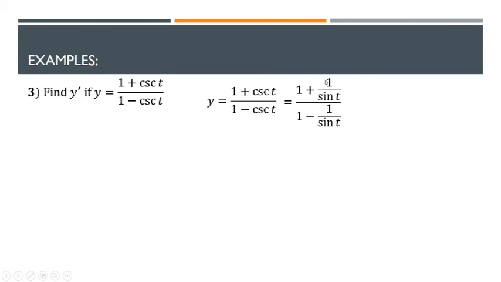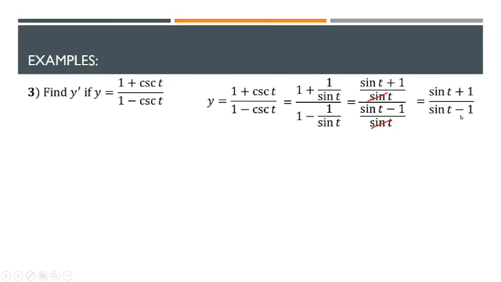So 1 plus 1 over sine t, then 1 minus 1 over sine t. So simplifying that, we have sine t times 1 plus 1 over sine t. Same with the denominator, minus nga lang. So we can cancel sine t over sine t. Okay, so what will remain is sine t plus 1 over sine t minus 1.